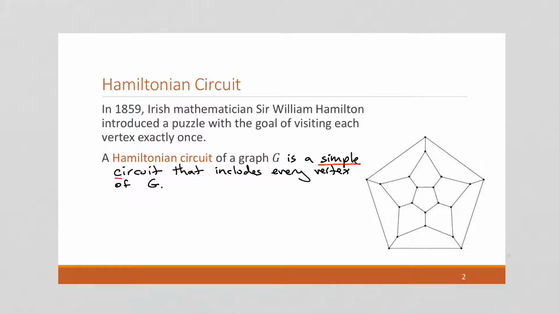It means we're not repeating any vertices, we're not repeating any edges. And if that's the case and we cover every single vertex in the graph, then we've found a Hamiltonian circuit.